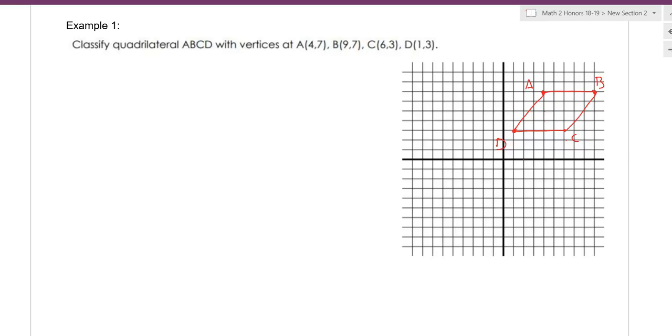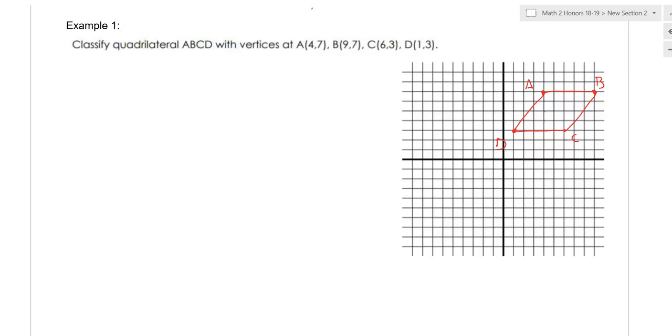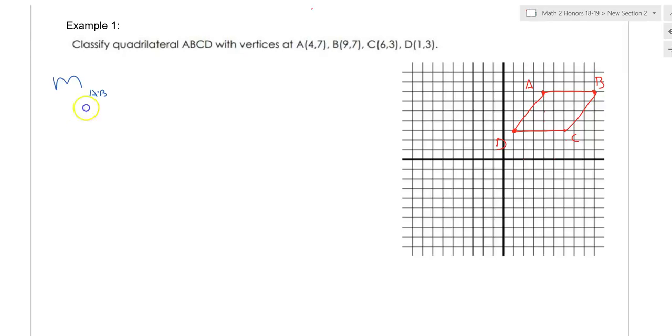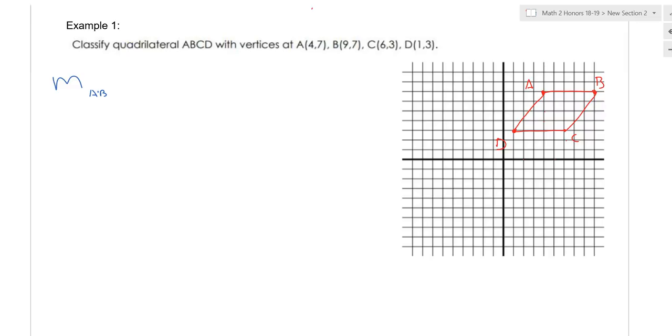So the first thing, if you look back on the last page at your chart, is to find the slope of all 4 sides. So I'm going to do M, and then I'm going to put AB underneath, just so I know exactly which side I'm finding the slope of.